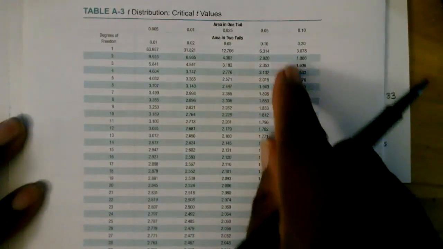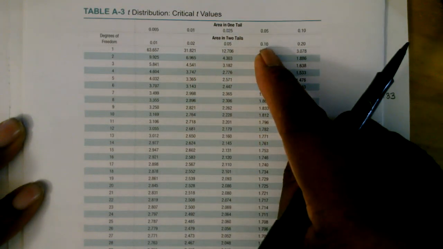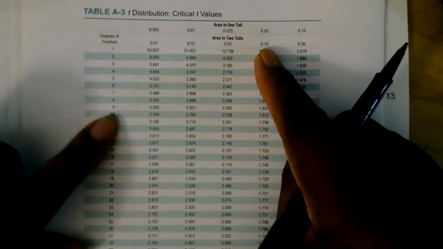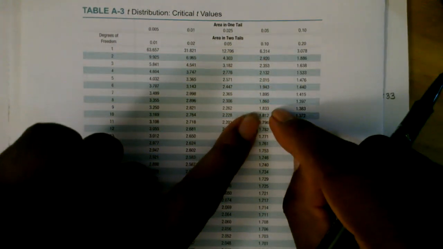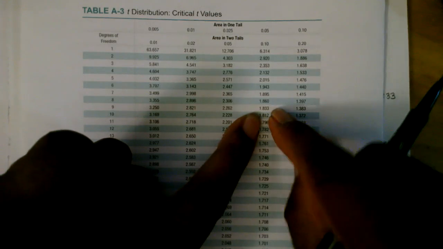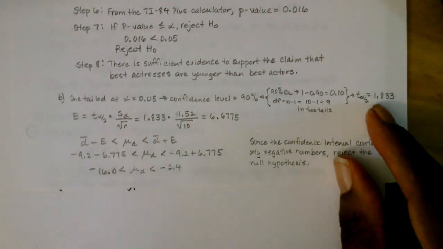So in this case here, I had to find 0.10 under area in 2 tails, and there was 9 degrees of freedom. So when I read across and down, that critical T value was 1.833. That's this.